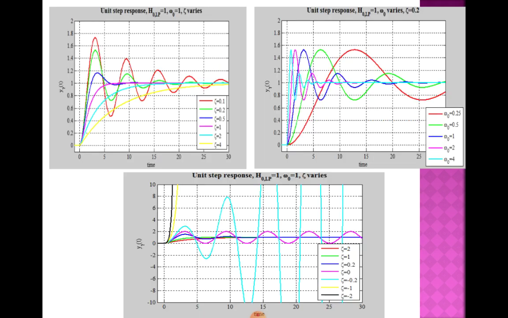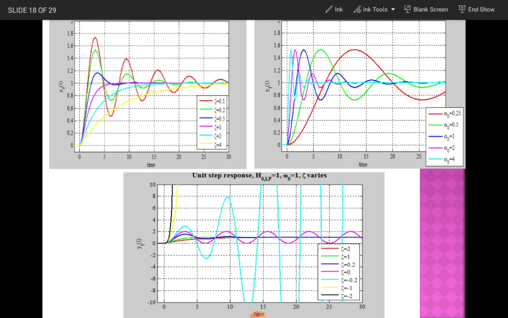So here we can see the output response, how it varies with respect to different damping factors. Here you get the response for damping factor delta equal to 0.1, 0.2, 0.5 up to 1, then beyond that, delta value greater than 1. If the delta value is less than 1 and very small, you get more oscillations with a higher magnitude.